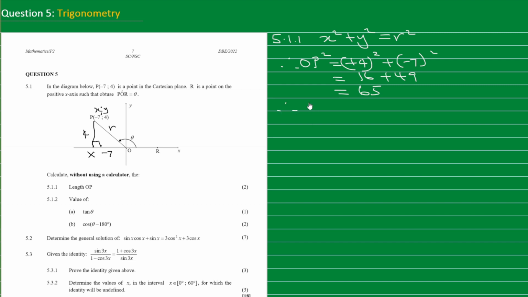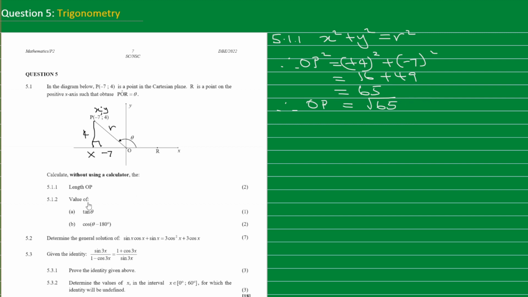Therefore, our OP is √65. Remember, don't express this in decimal because we are required not to use the calculator here. So don't enter this in a calculator to get a decimal value. Just leave it in surd form.